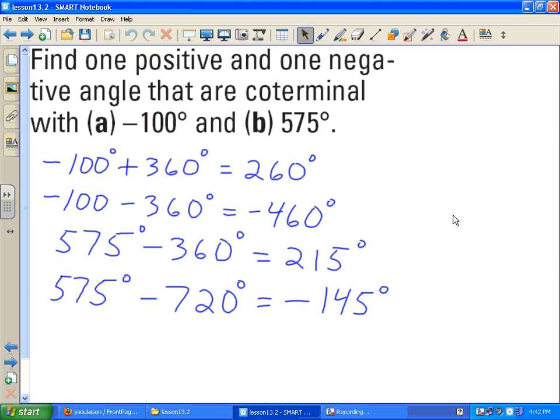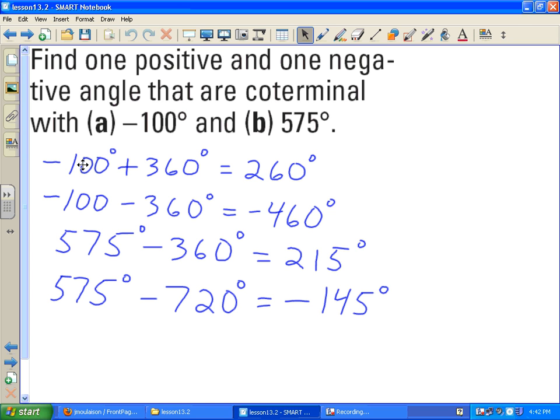So here in the example, find one positive and one negative angle that are coterminal with, well, part A is negative 100 degrees and part B is 575 degrees. So for negative 100 degrees, to find a positive angle coterminal with negative 100, I can add 360. The resulting angle is 260.